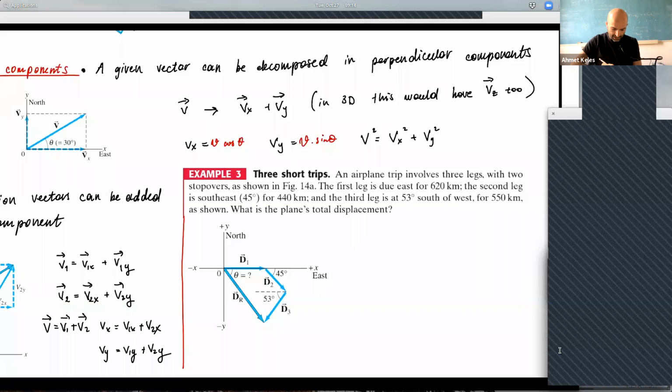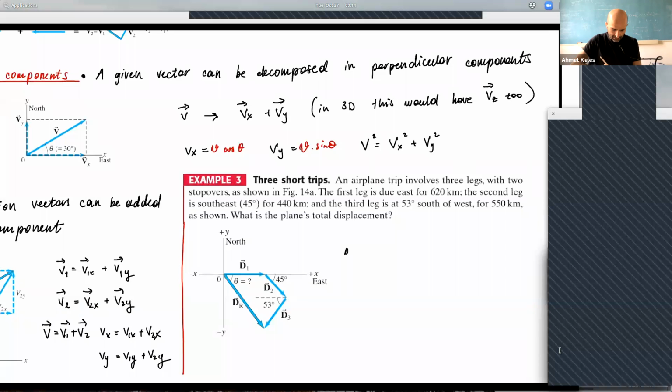So for each one, I'm going to calculate x and y components. I think D1x is already given. This is east 620 kilometers, and D1y is equal to 0.